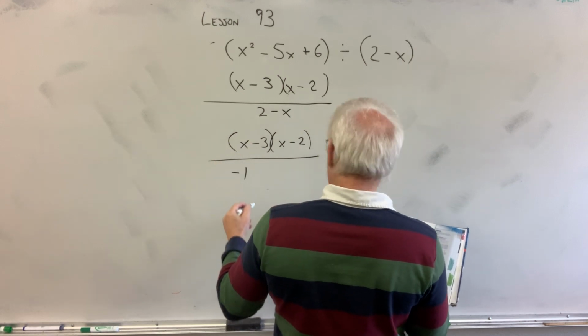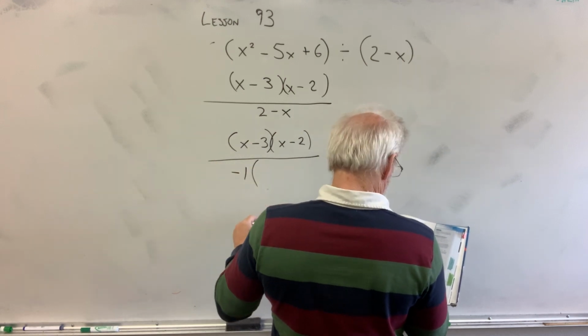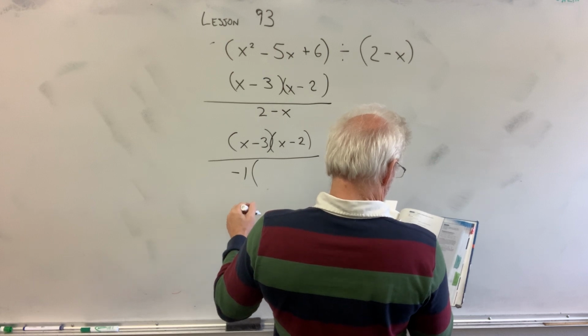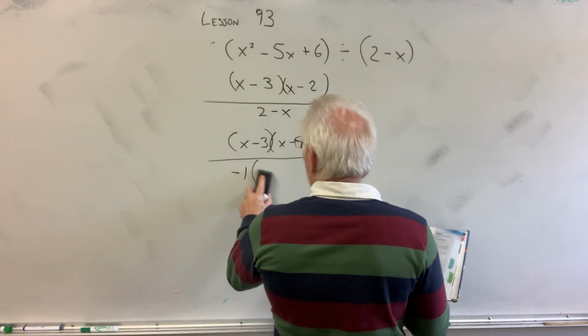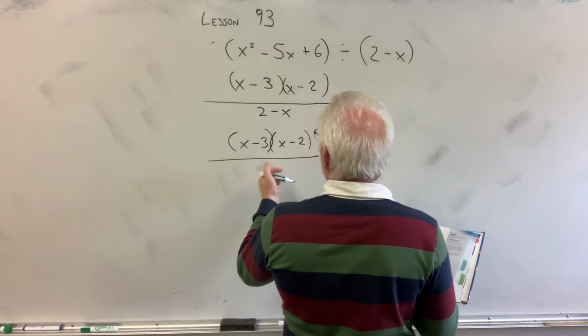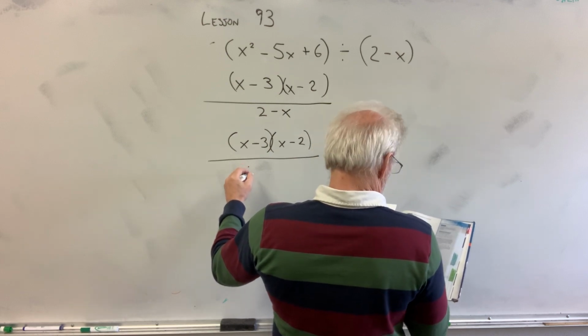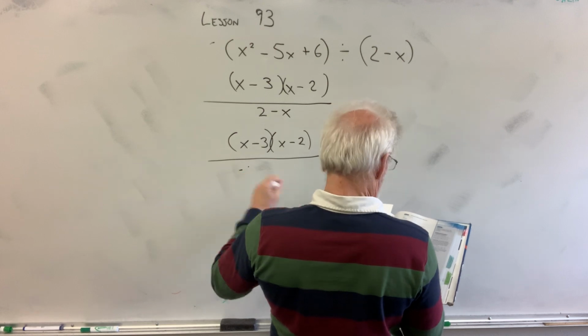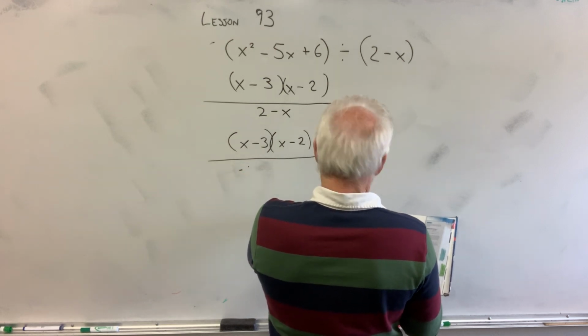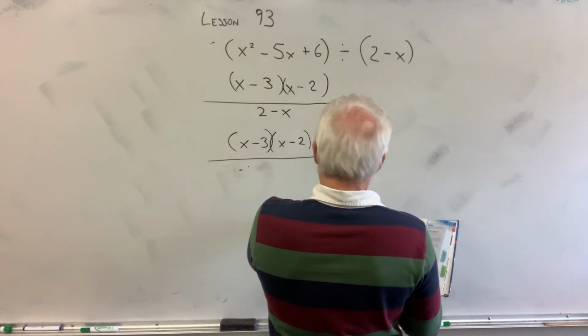You can see it right there in your book. Actually, before we multiply it by a negative, we just turn it around. So we get negative, hold on here. Did I copy that right? I sure did. 2 minus x.